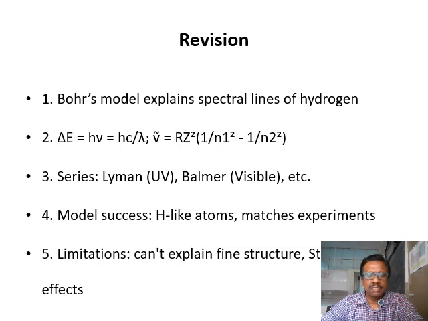And then different series like Lyman, Balmer, etc. we studied, and the model's success: it explains hydrogen-like atoms successfully, and the experimentally measured values match the calculated values. Limitations: it cannot explain the fine structure, Stark effect, and Zeeman effect.